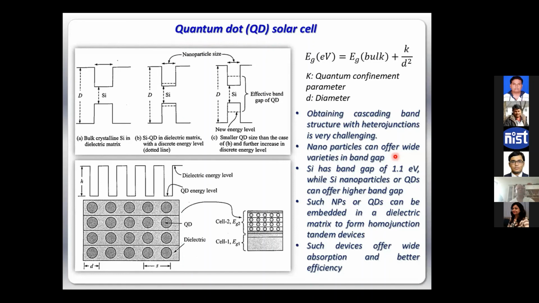So you can hardly dope the quantum dot. Basically, we dope the other materials with quantum dots. Yeah, but recent trends are going for heteroatom-doped quantum dots, and if we dope something like nitrogen or boron, yes, those kinds of doping are possible.